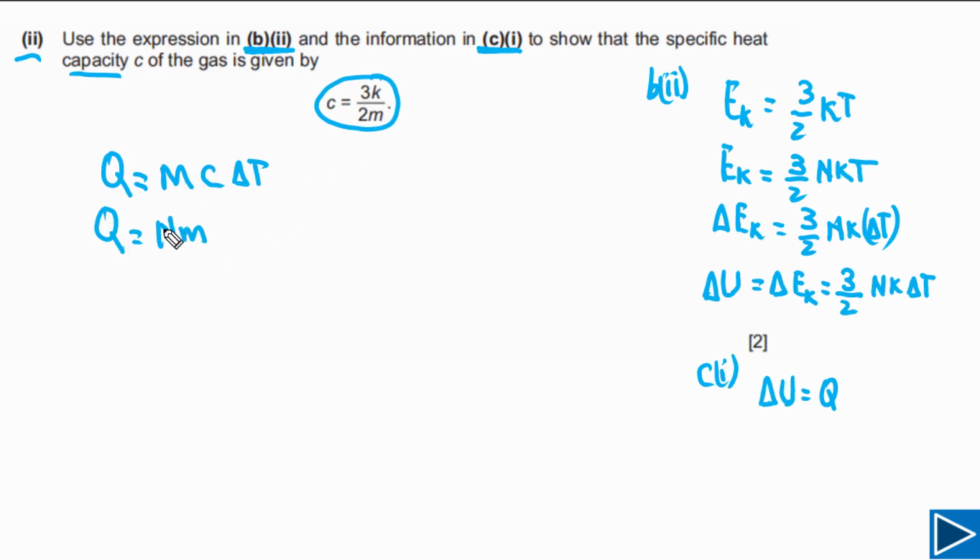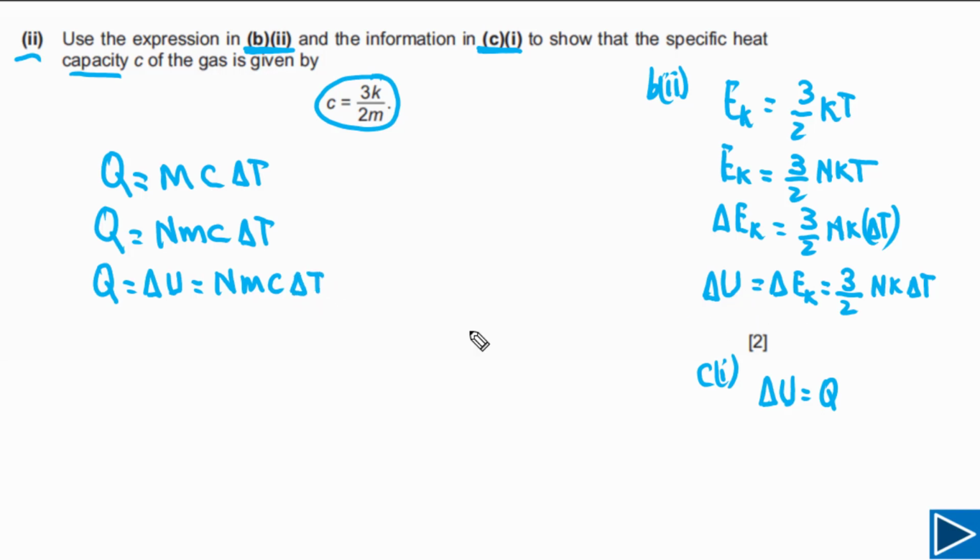So capital M we will replace with number of molecules times mass of single molecule. So we can say N m C delta T. But Q is equal to delta U, in part C1 we have discussed. So we can say Q is equal to delta U and this is equal to N m C delta T.